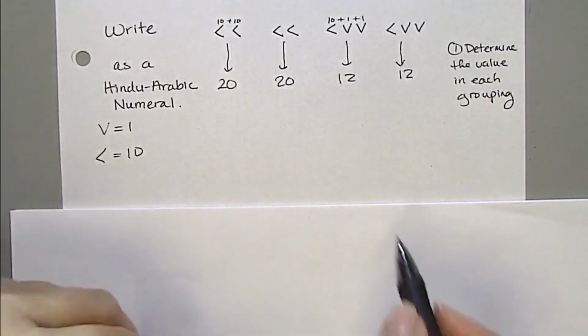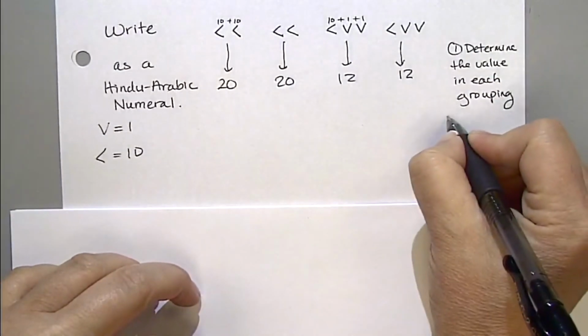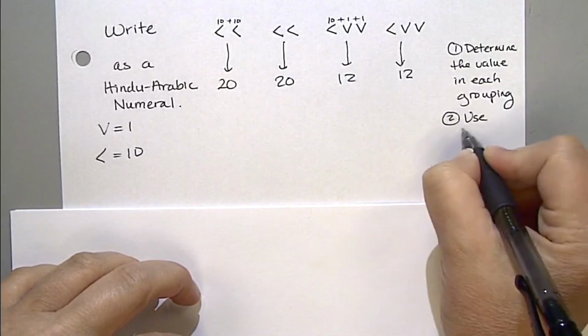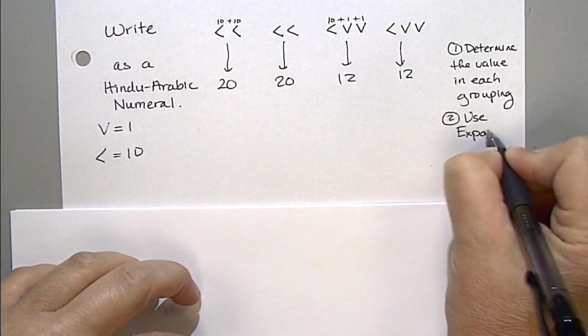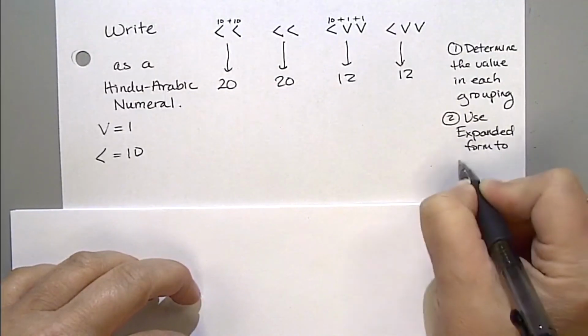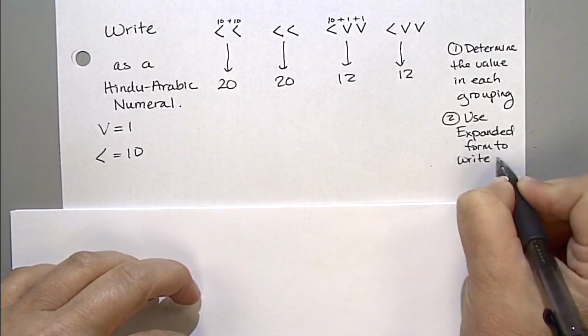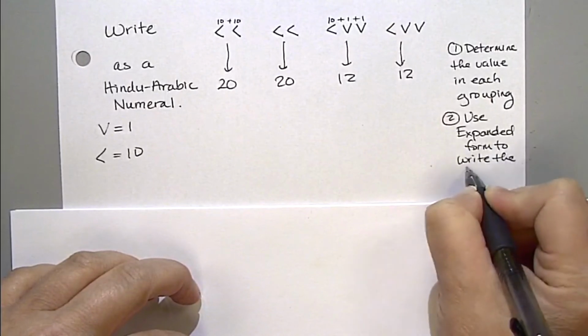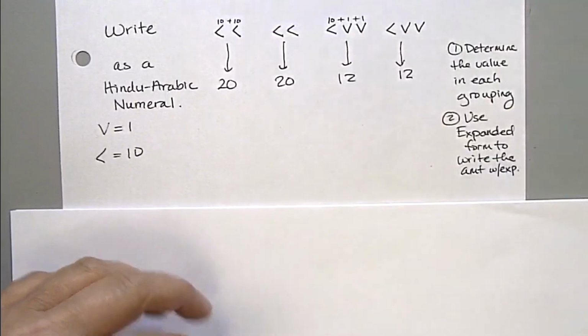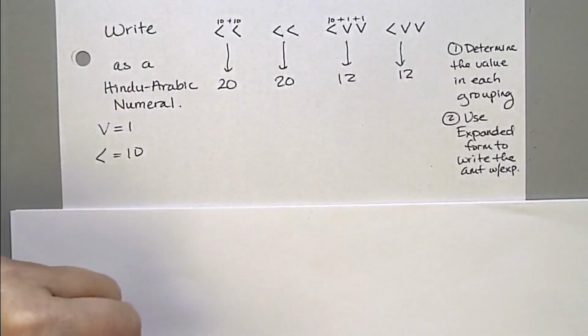Then we are going to use expanded form to write the amount with exponents. I'm going to abbreviate exponents there, EXP.